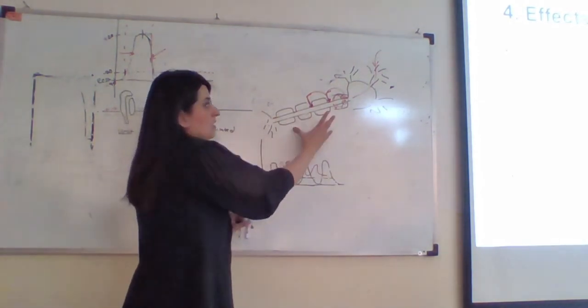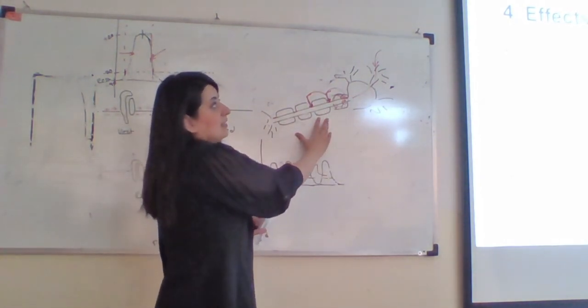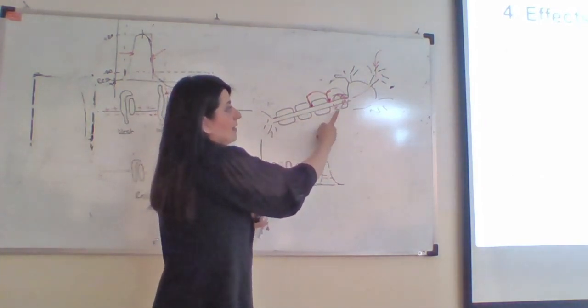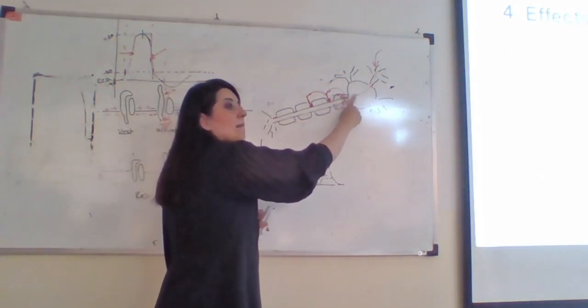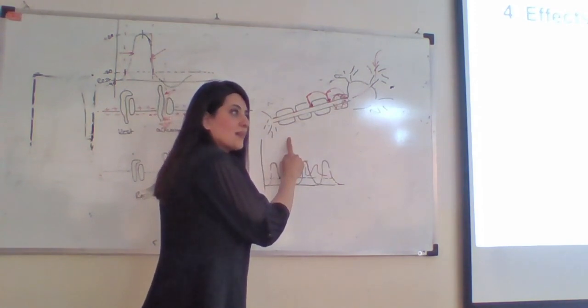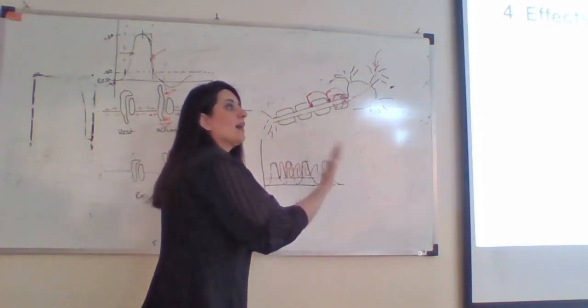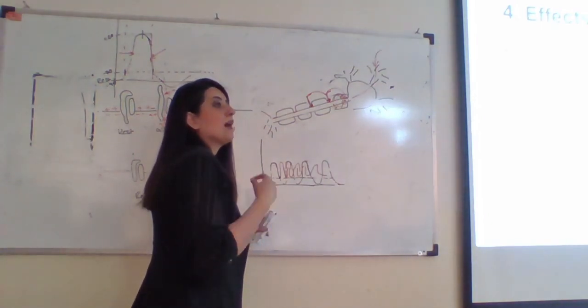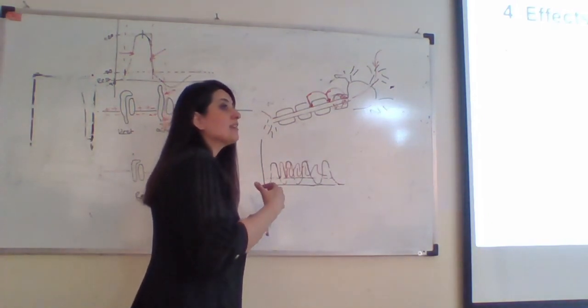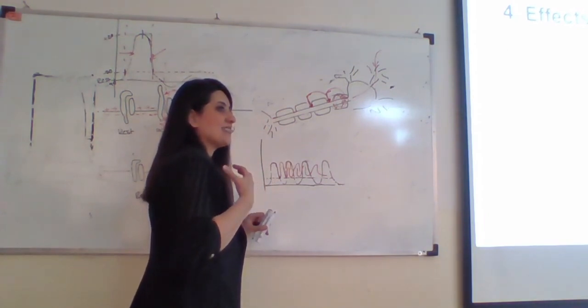This is a myelinated nerve fiber. By the way, some neurons are myelinated and some are unmyelinated, and that affects their function.